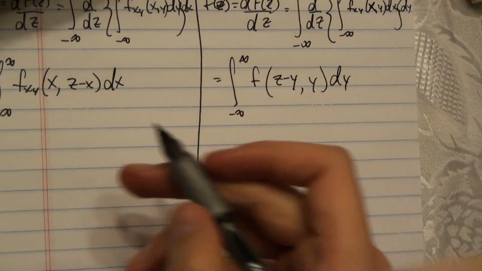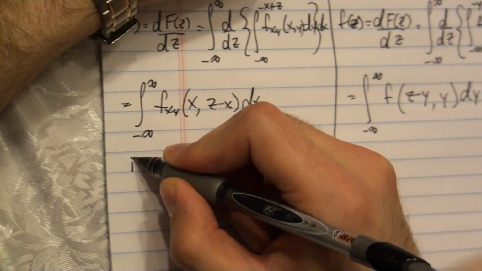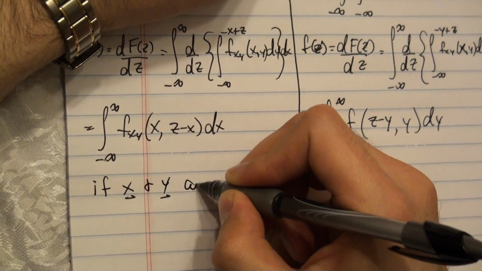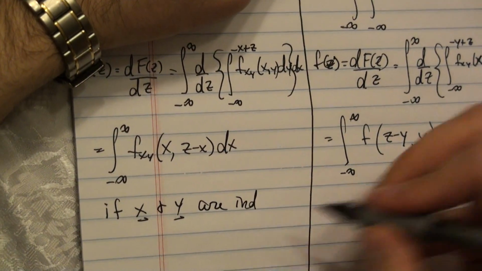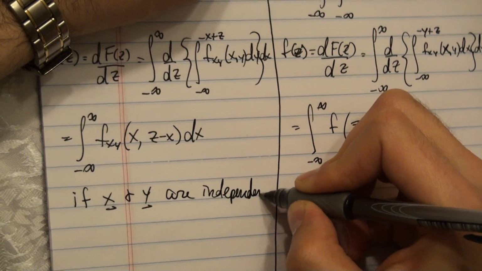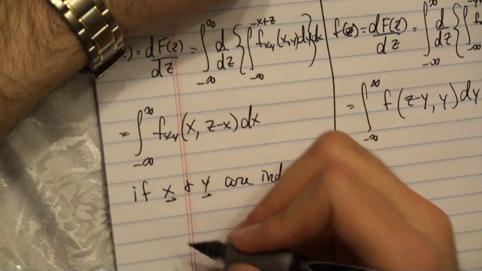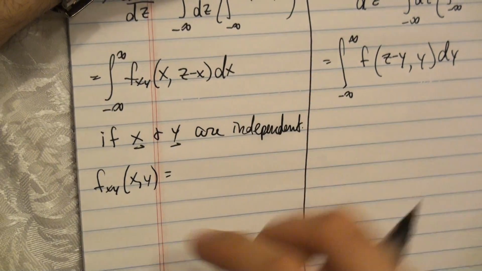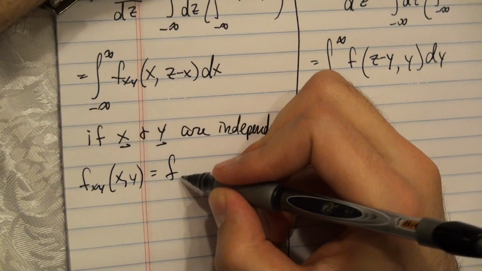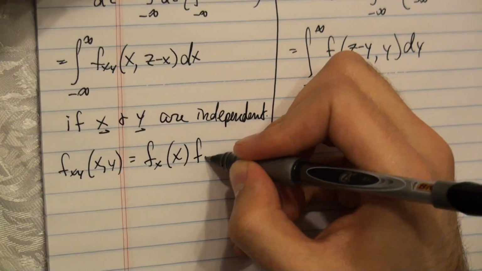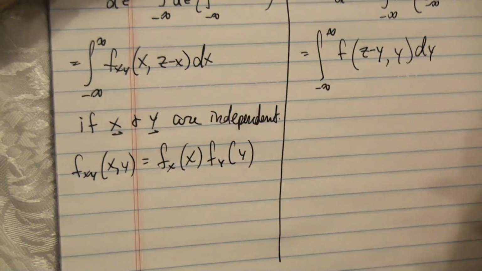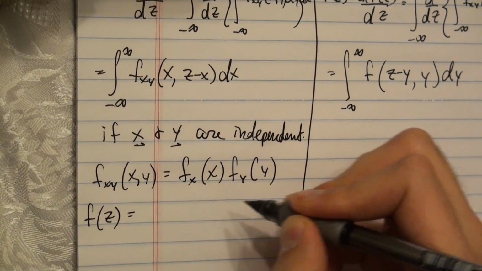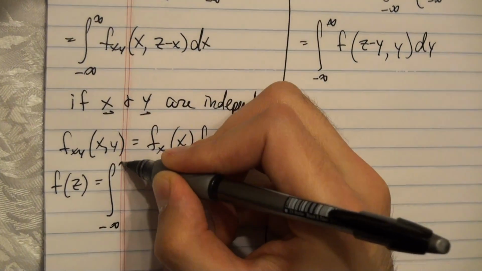Now, an interesting thing happens if X and Y are independent. If they're independent, we can write little f of x comma y as the same thing as little f of x times little f of y. So coming back to this integral, we have little f of z equals the integral from negative infinity to infinity.